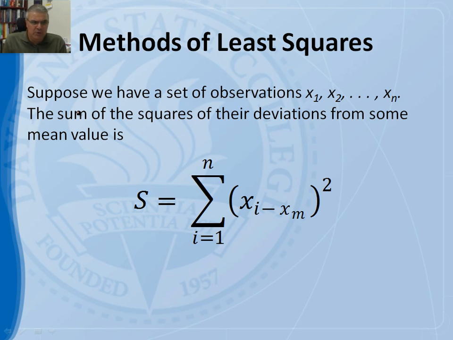So let's say we have a set of observations x1, x2, up to x of n. Could be really an infinite number of data, but of course we cannot collect that infinite amount of data. So there's some limit to this, but it goes from 1 to n. So the sum of the squares of the deviation from some mean value would be according to this formula.